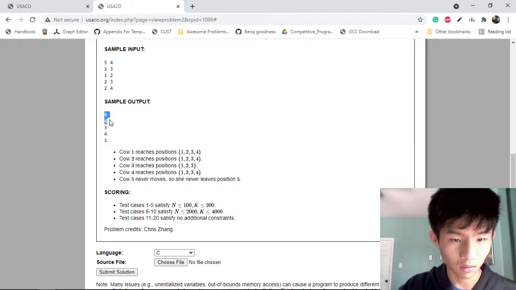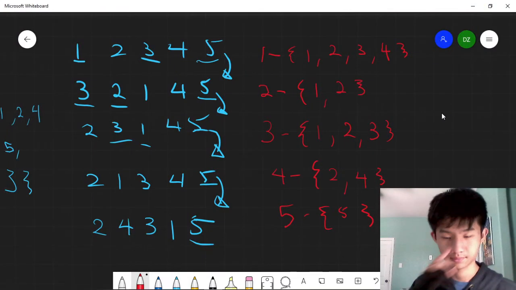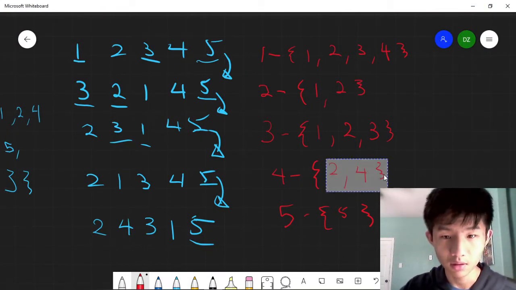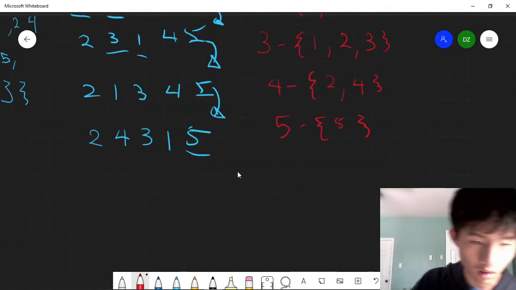So 1, 2, and 4 appear to have the same amount, 3 is kind of an oddball, and 5 never moves. Well, if you notice, 3 lands on the same spot after k swaps. After k swaps, 2 becomes the new 1, 4 becomes the new 2, 3 becomes the same 3.